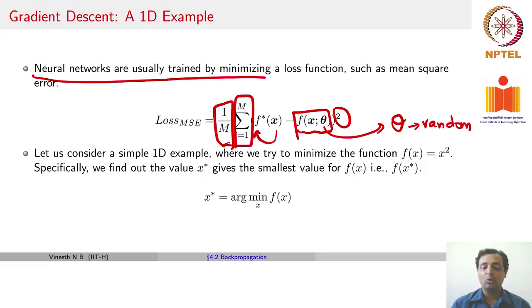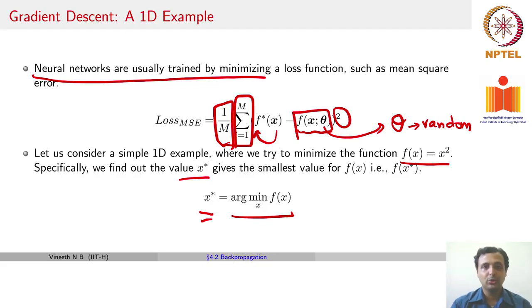Let's take a simple 1D example and then try to study this a bit further. Let's say we'd like to minimize the function f of x is equal to x squared. Specifically, let's assume that we know the value x star, which gives you the smallest value for f of x. Let's assume that's f of x star, of course. So we know that x star is equal to arg min over x f of x.